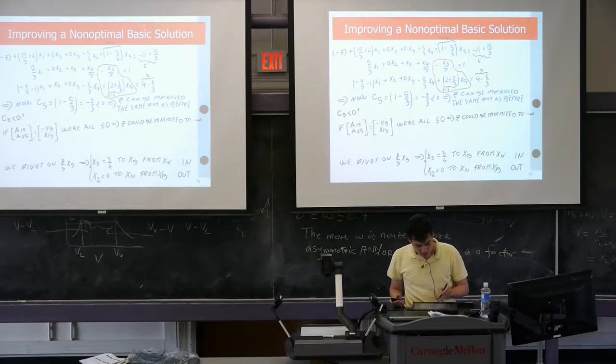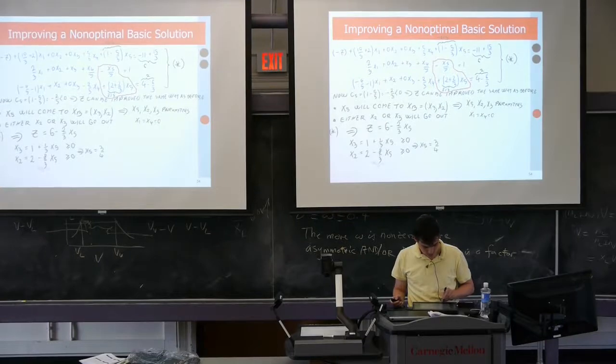But in our case there was one variable that was positive, so we decided to do the pivot here.